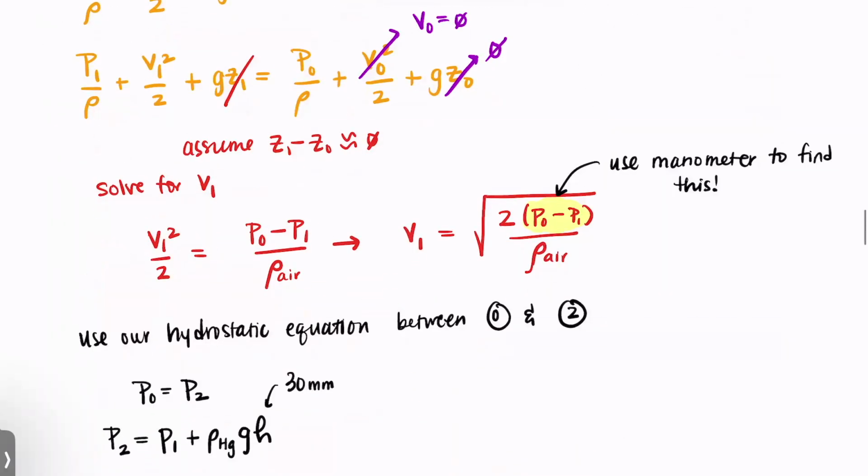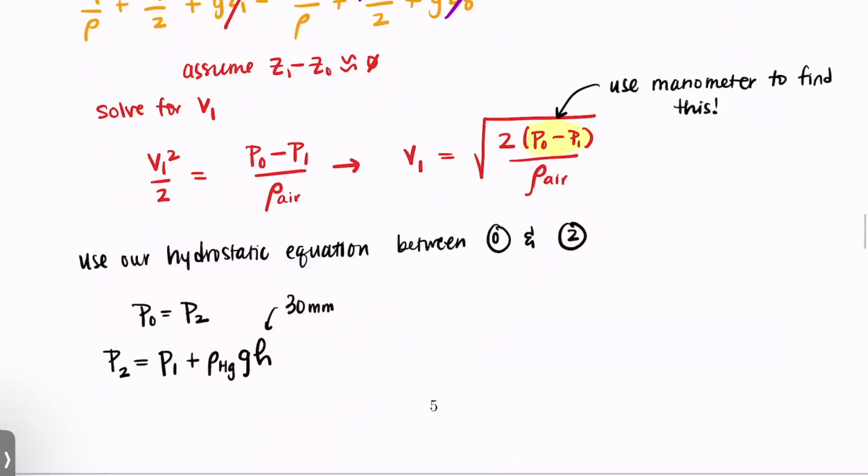Okay, so great. If I put that in here, what we have is that P naught is equal to P1 plus density of mercury times G times H. And we're looking for P naught minus P1, right?